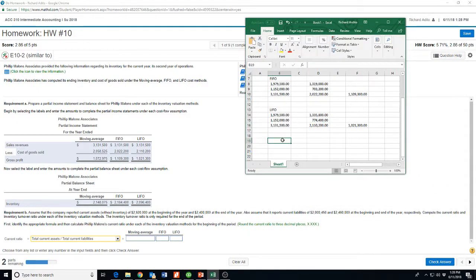So our current assets, without inventory, was 2,920,000 and 2,400,000. That's beginning and end of the year, right?